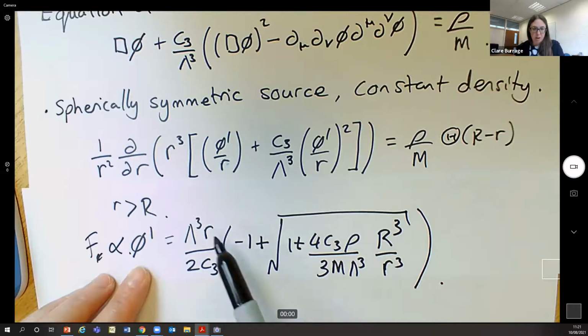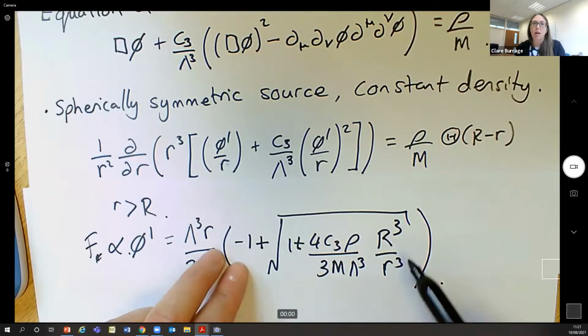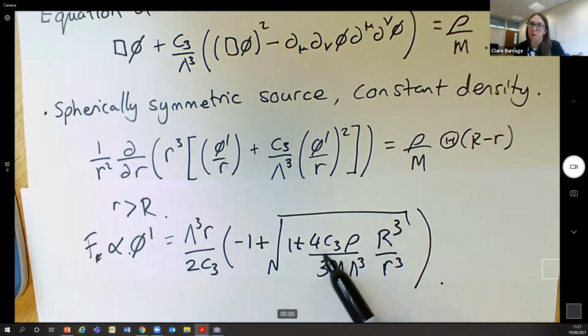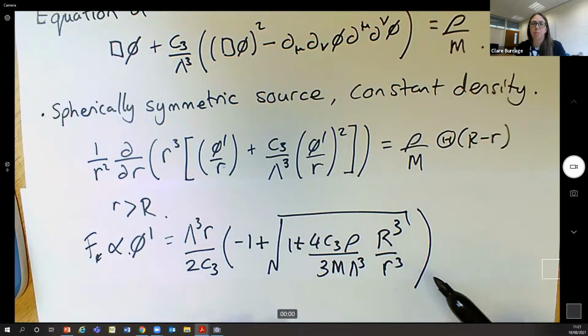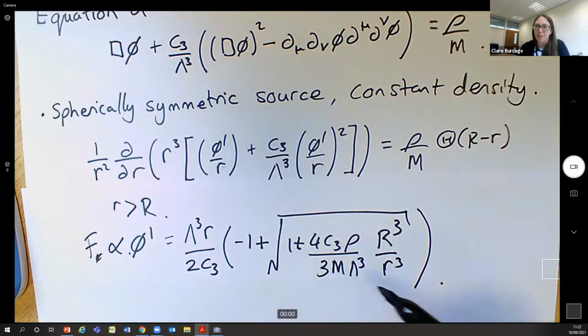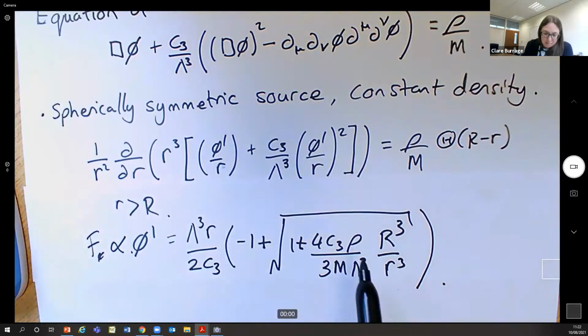But we have a very different dependence on r to the one we're used to, the one we've been talking about in the Yukawa force that we've been returning to.